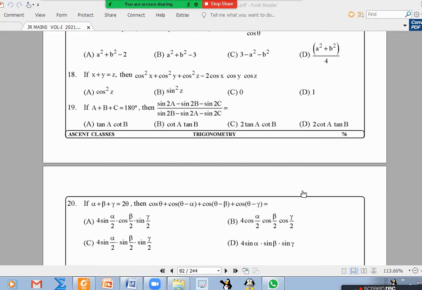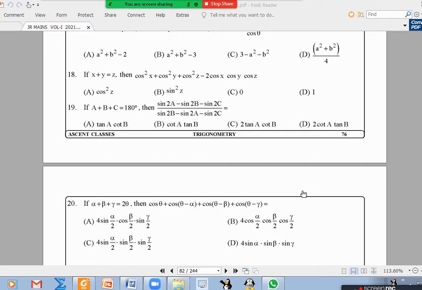Okay, 18th question. They gave A plus B plus C is 180 degrees. No, sorry, x plus y equal to z. x plus y equal to z.